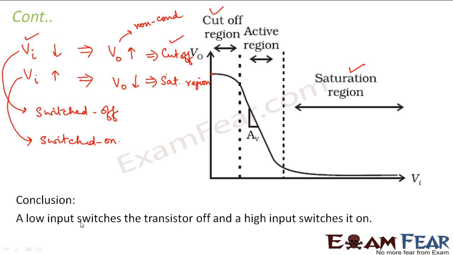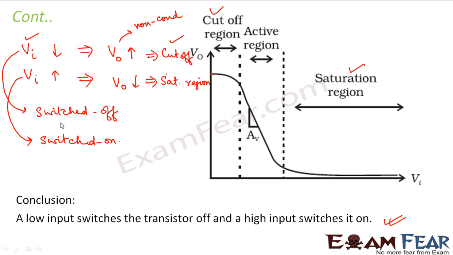So what do we conclude? A low input switches the transistor off and a high input switches it on. That is what we concluded from this, right? So I hope it is clear to you how a transistor works as a switch. First, we applied Kirchhoff's law and we wrote the equations for both the input circuit and the output circuit. With the help of that, we plotted a graph between the output voltage and the input voltage.